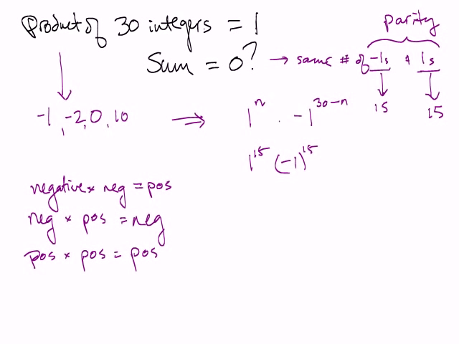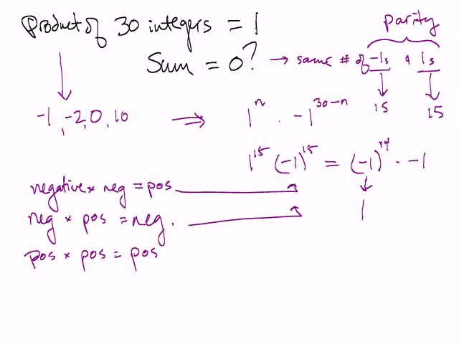Okay, and what happens with this, okay, so 1 to the 15th power is positive, fine. -1 to the 15th power, though, is -1 to the 14th power, so -1 times itself 14 times, times -1. A negative number to an even power, you will have 7 pairs of -1s.